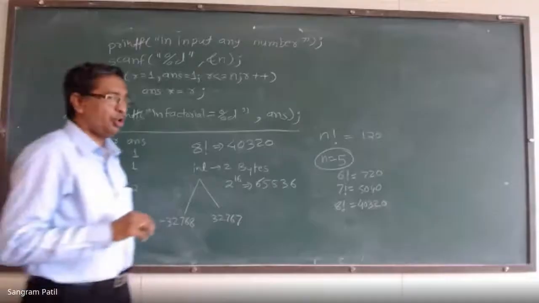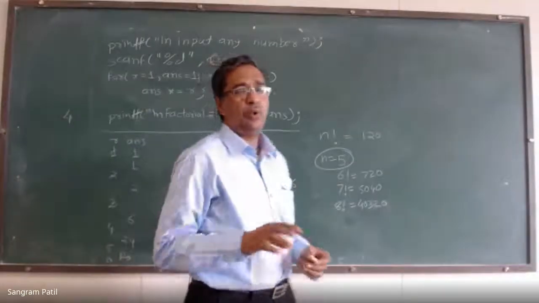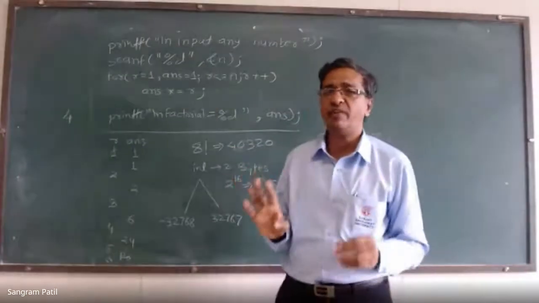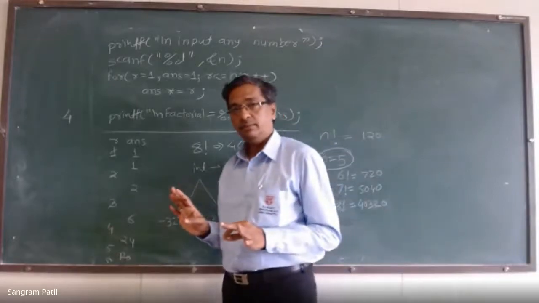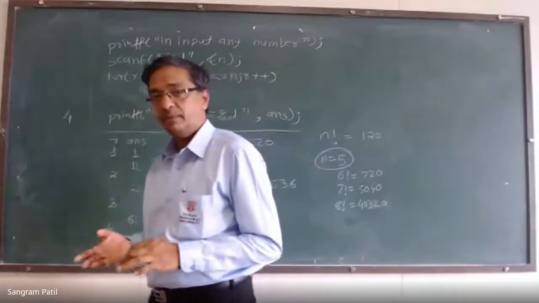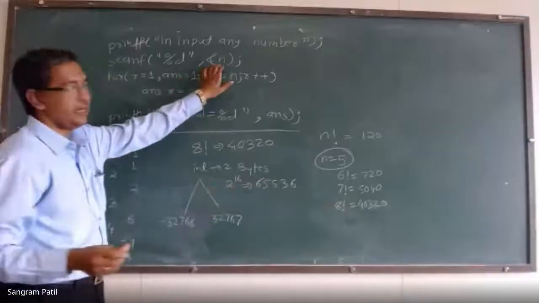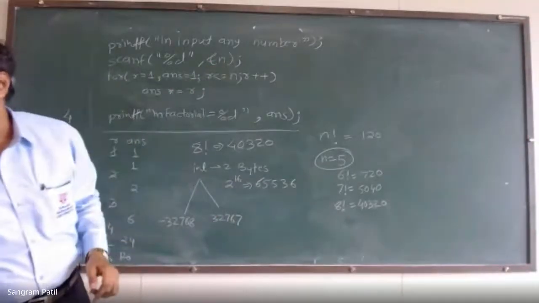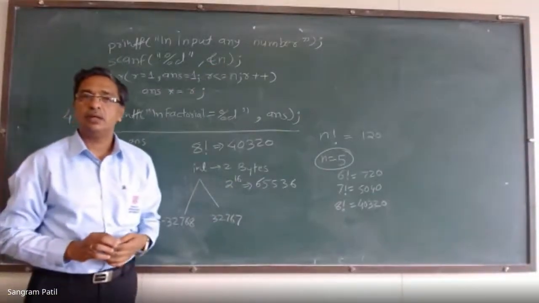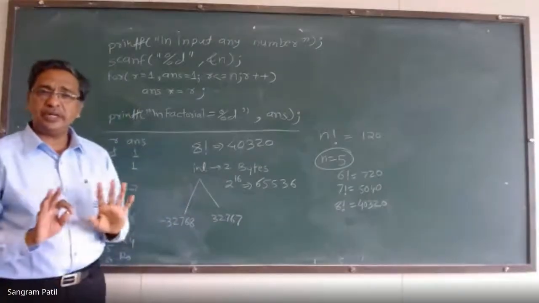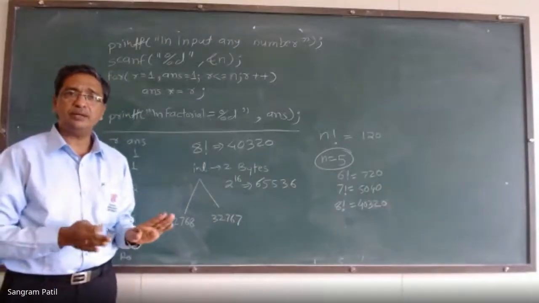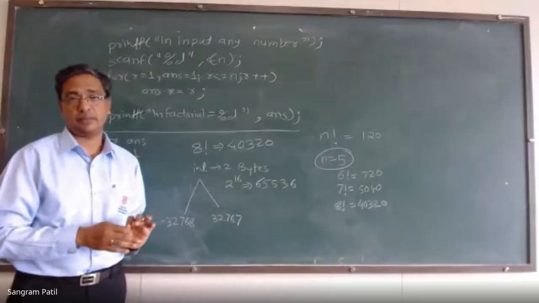Now, last lecture I told you this program will give you the answer up to 7 factorial perfectly. But if the value of n is 8 or more, like 8, 9, 10, 11, then this won't generate any error, but it will give you a wrong answer.